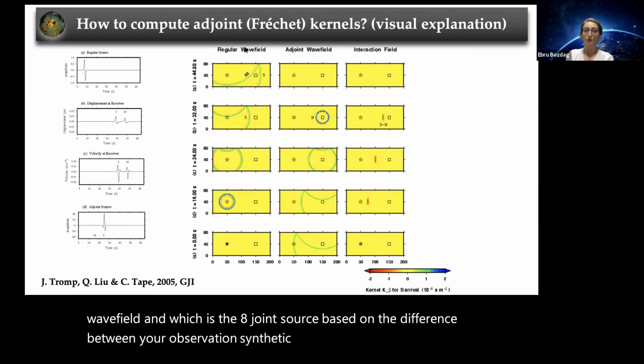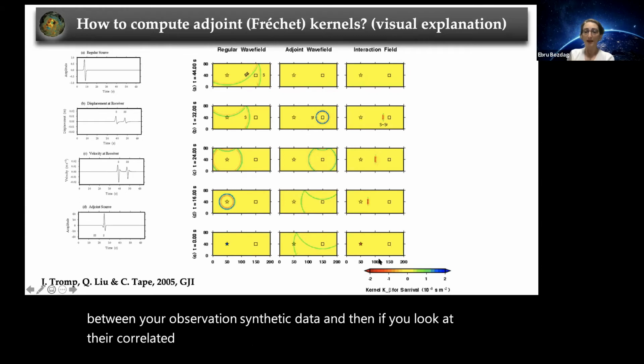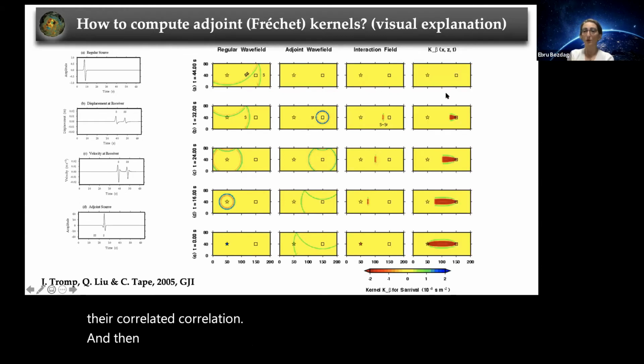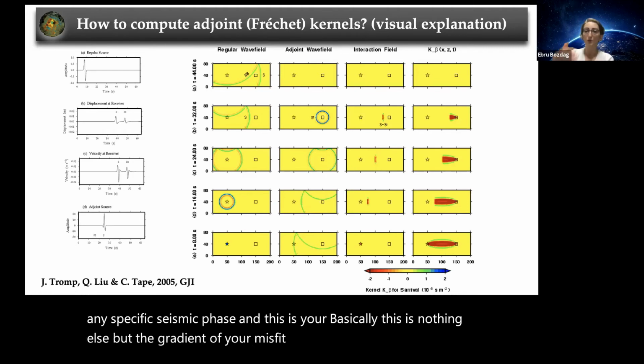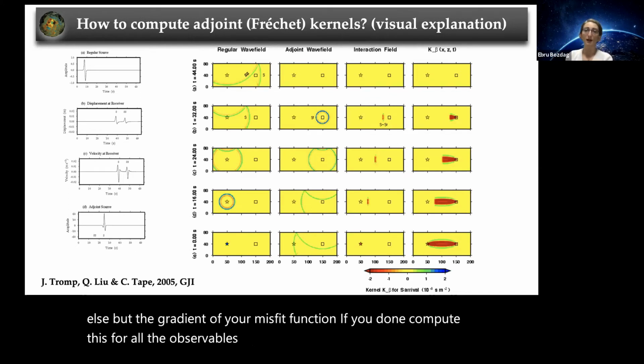And then if you look at their correlation and integrate it over time, you get these Fresnel kernels for any specific seismic phase. And this is nothing else but the gradient of your misfit function if you compute these for all the observables and from all data and simply sum them up.